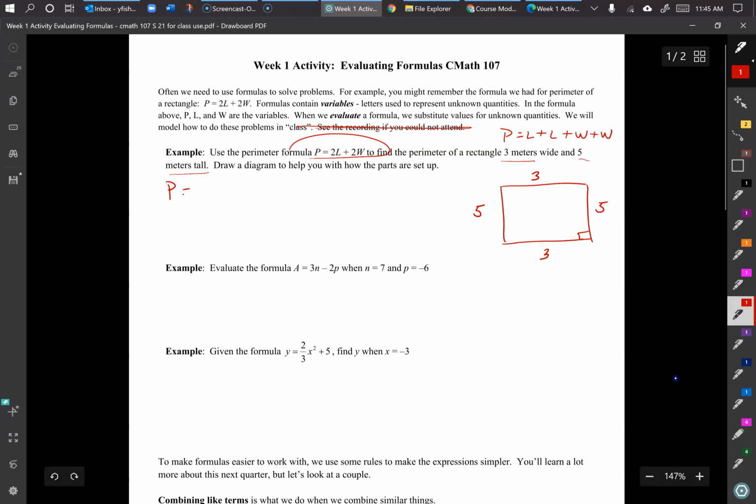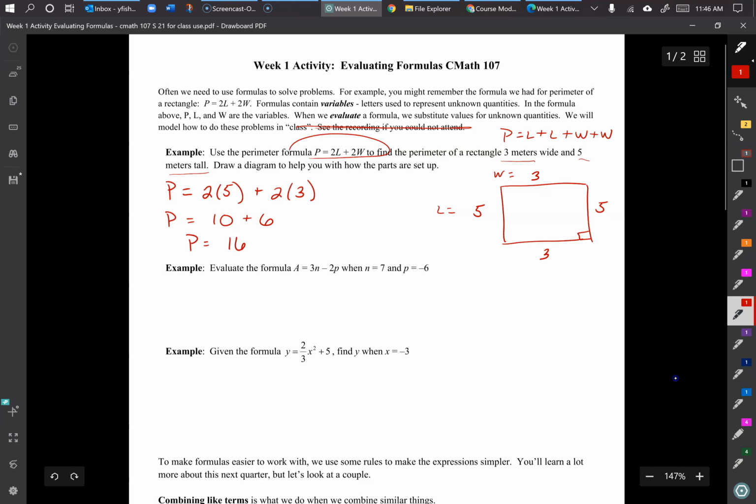And then we're going to have P equals 2 times L, which we are calling the 5, and the width 3. And then add that twice the width is 3, and then go ahead and crunch your numbers and you'll get the perimeter. So we have 2 times 5 is 10, plus 2 times 3 is 6. So we are going to get 16 for our perimeter.